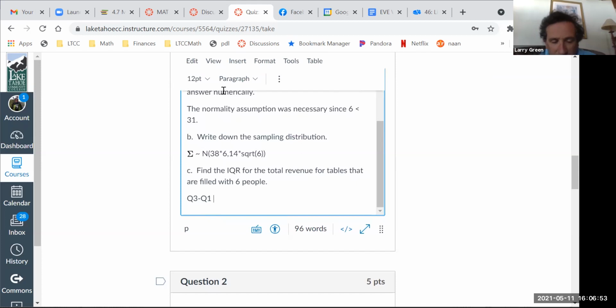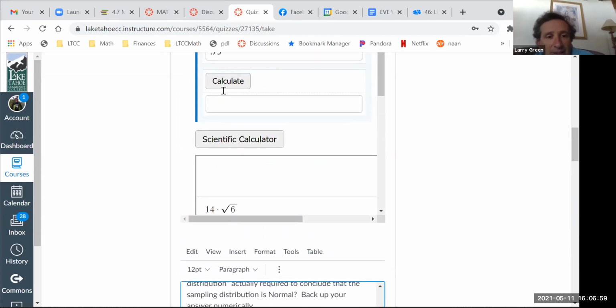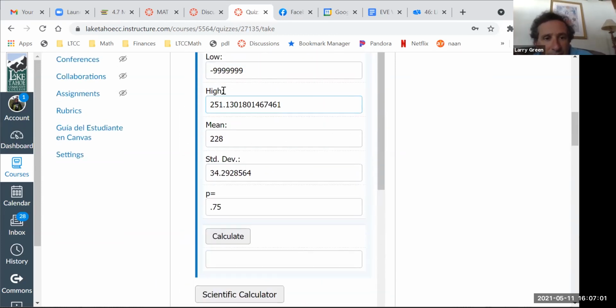So equals 251 minus, and now we want Q1. And the good news is we've done most of the work already. We want Q1. So instead of 0.75, what do we get?